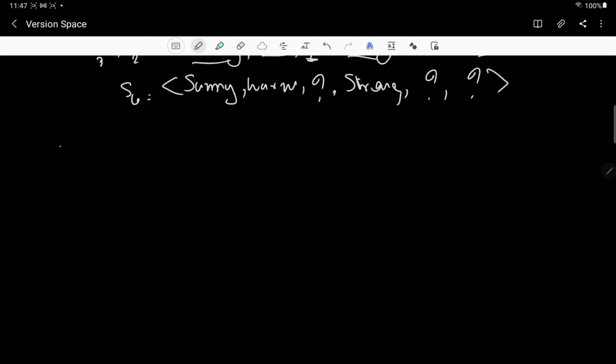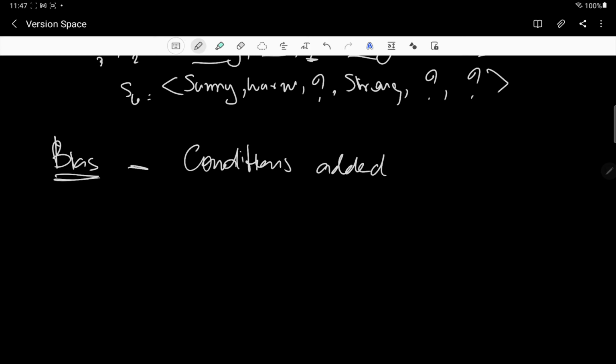Okay, the bias is a constraint or conditions that we added, by us, by the one who tries to train the model. So I'd like to change the position a little bit here.